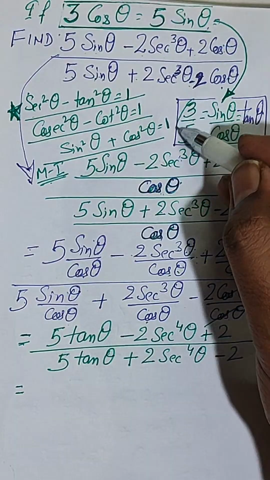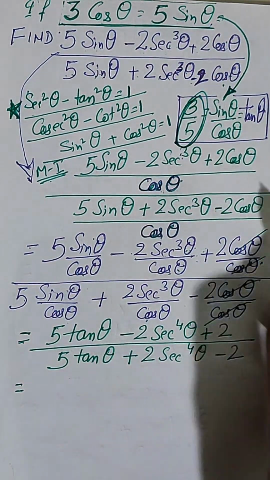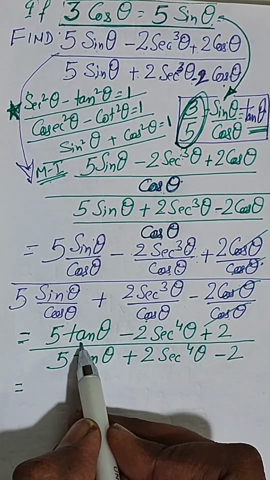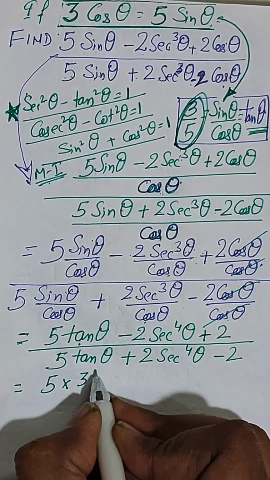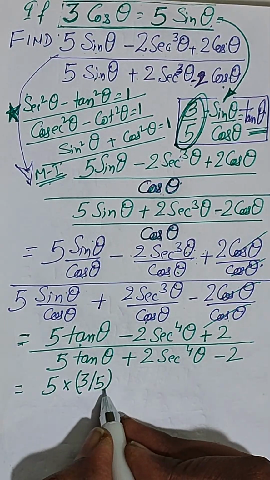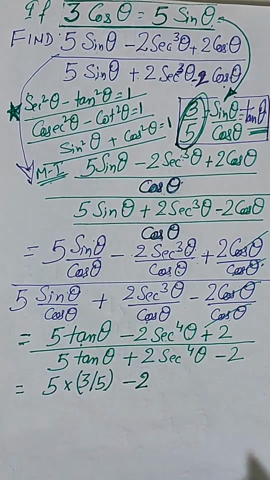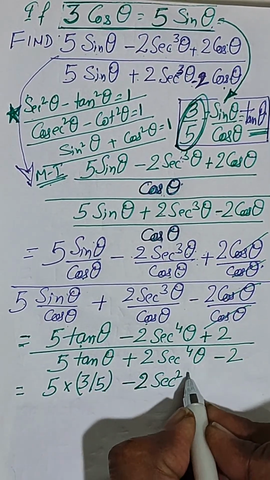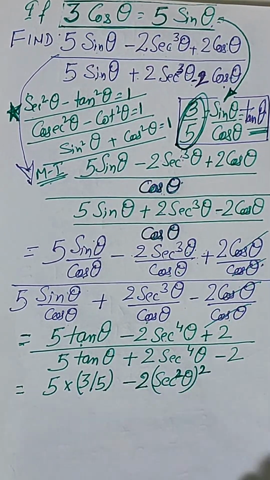So we will use the value of tan theta from here and place it over here. So it will be 5 times 3 by 5, the value of tan theta being 3 by 5, minus 2 times sec 4 theta, which can be written as minus 2 times sec square theta whole square, isn't it?